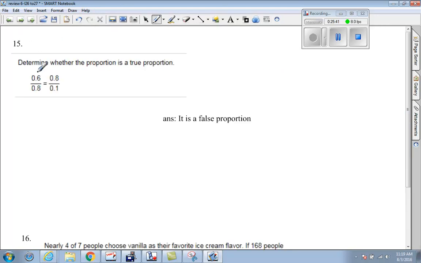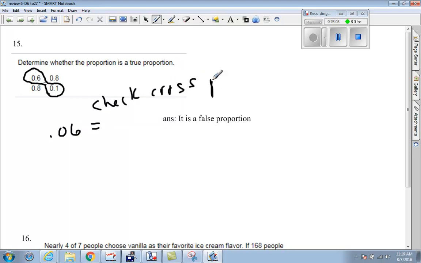Okay, let's try number 15. Determine if it's a true proportion or not. Well, now we know the fastest way to deal with that is just to see whether the cross products are equal. Because they better be if it's a true proportion, right? So 0.6 times 0.1 is 0.06. So note to self, check cross products.